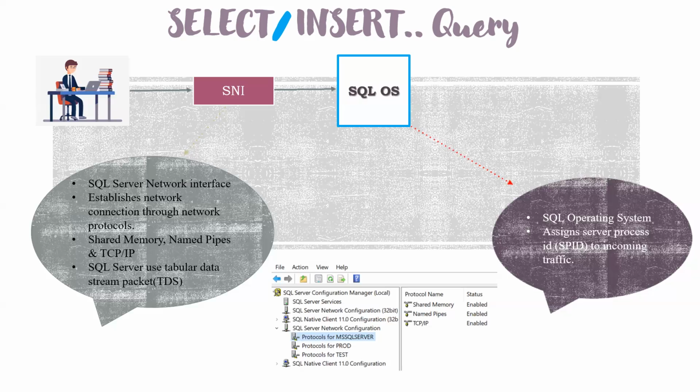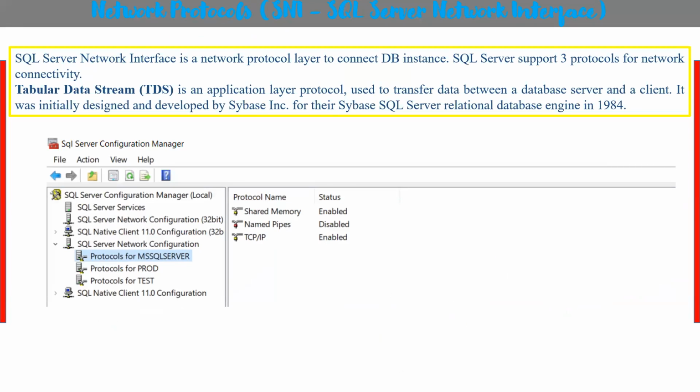Now let's first discuss the protocols. What do we mean by network protocol? SQL Server Network Interface is a network protocol layer to connect to the database engine.